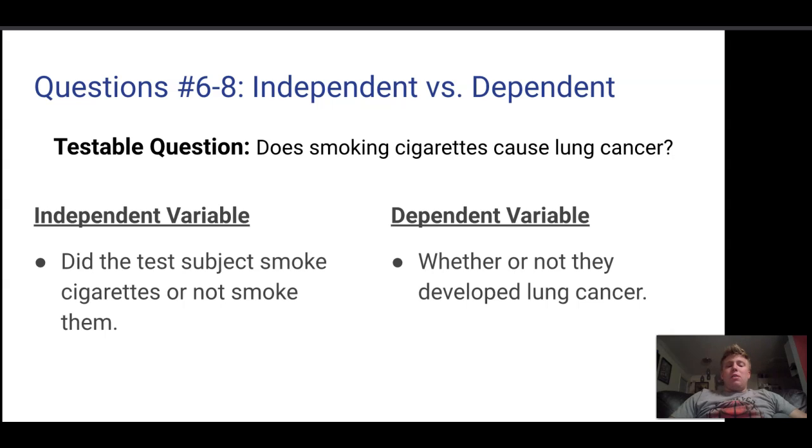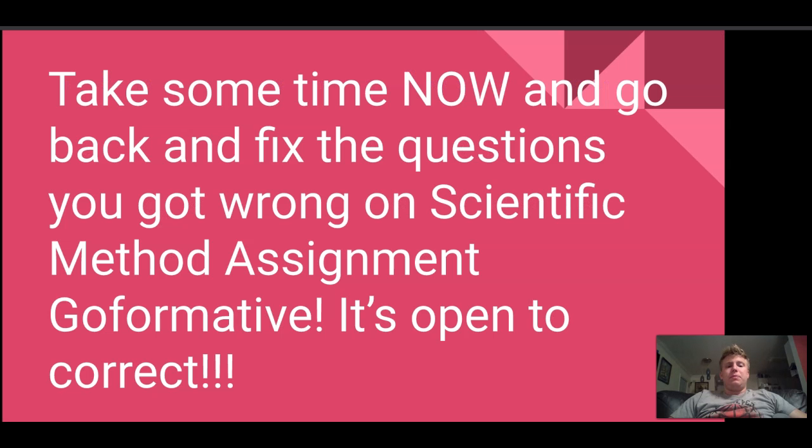And that is all that independent and dependent variables are. Sometimes they can be difficult to identify, but if you just remember what is the scientist changing and what is dependent on what the scientist changes, or what is the data we're looking at, then it is much easier to identify independent and dependent variables.